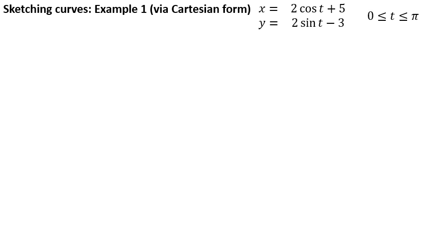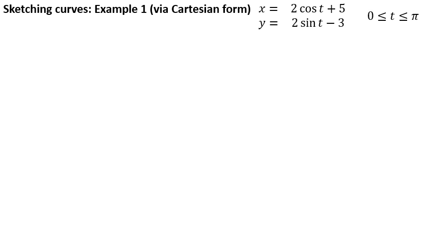And while this is usually a less efficient or sometimes a much harder method, it's not always. So the first thing I'm going to do is show you an example where it can be quite helpful. And then we're going to look at an example where you'd probably find it easier to stick with the parametrics and learn how to work in this new language rather than trying to translate everything back and forth.